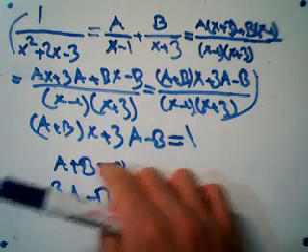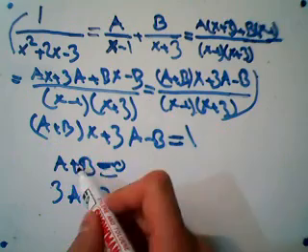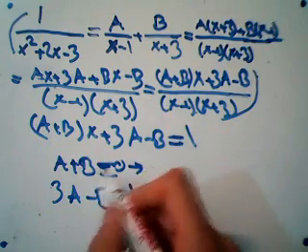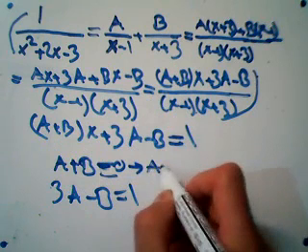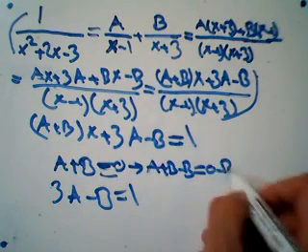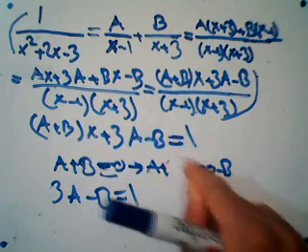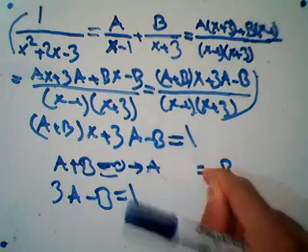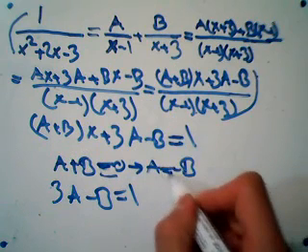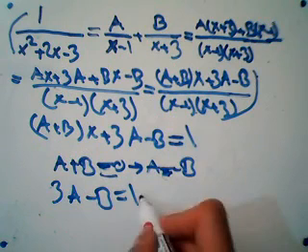Now, in order to find a and b, here let's subtract b from both sides. That would be a plus b minus b equals 0 minus b. So this would be 0, b minus b, and this would be minus b. So a equals minus b. Now substitute minus b for a here.